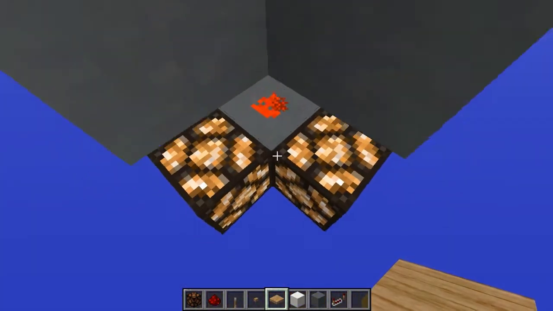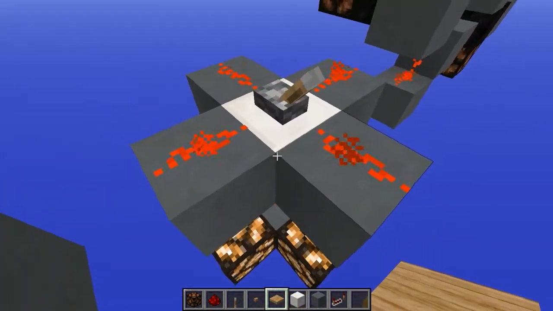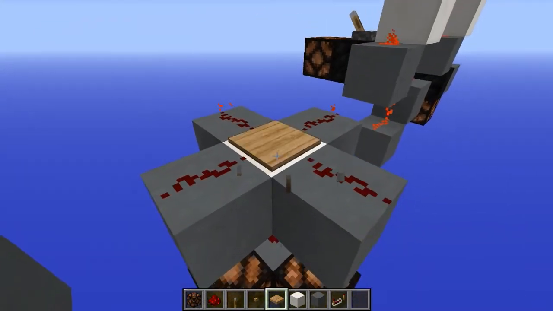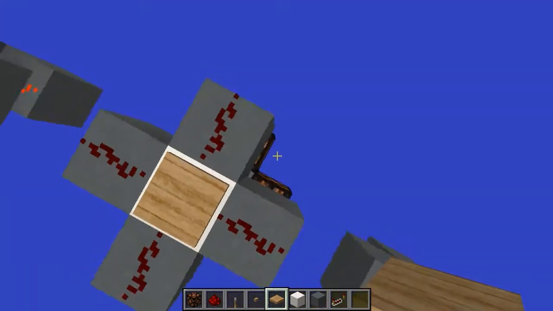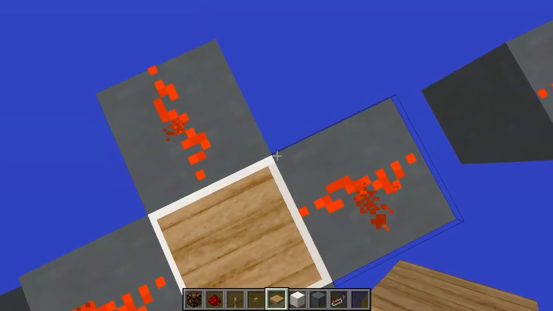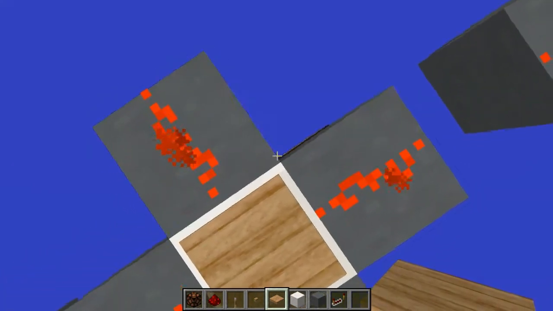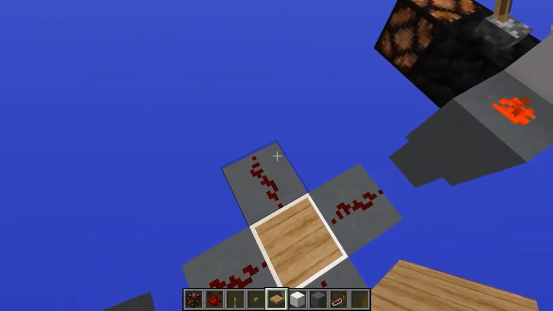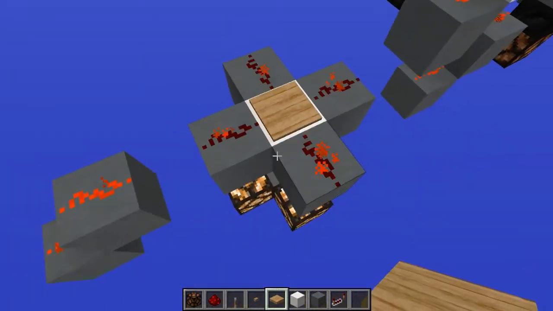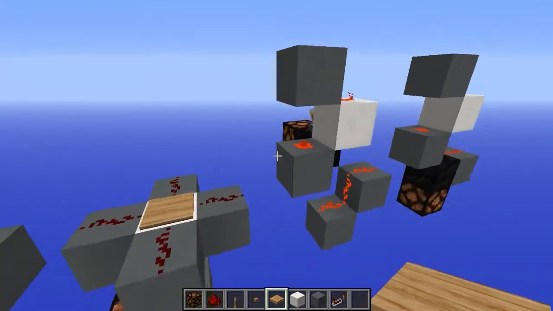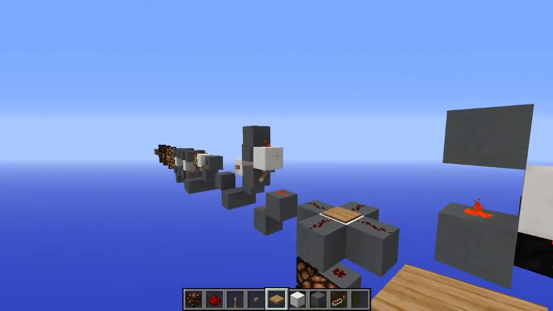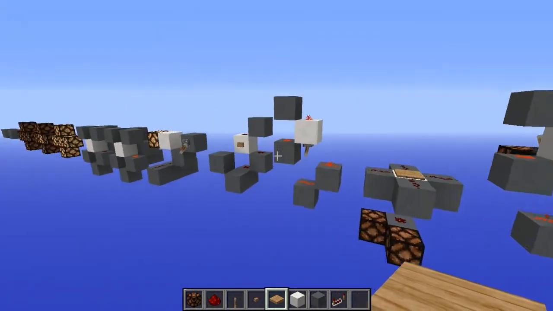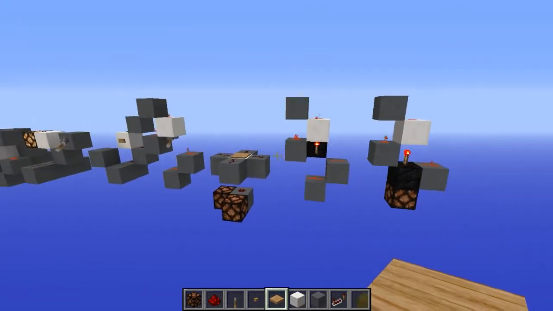So it gets powered and powers the redstone lamps underneath. Now this works exactly the same as a pressure plate would. So if we stand on here and take a peek, you can see the lamps are on. We'll try it one more time. There, you can see it. So those pretty much cover all your input devices.